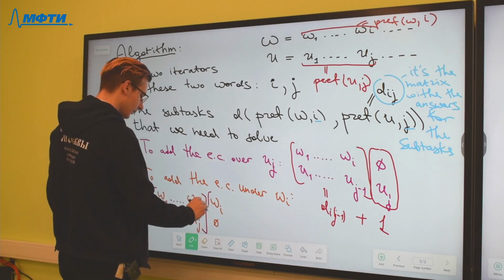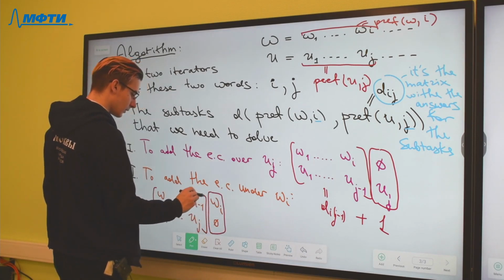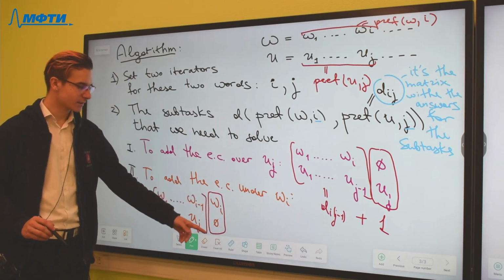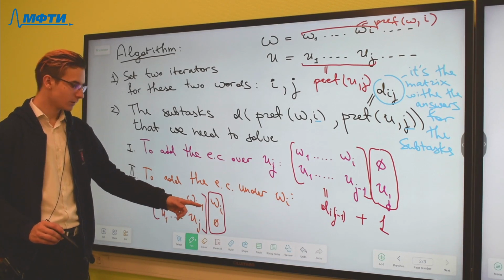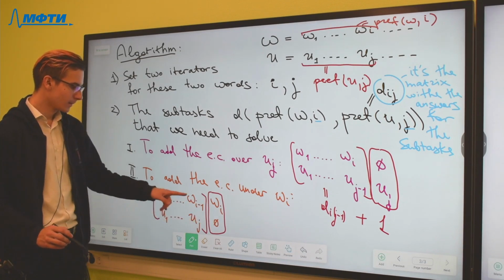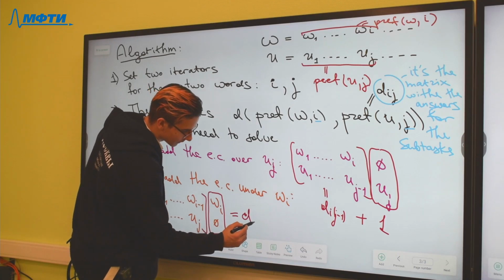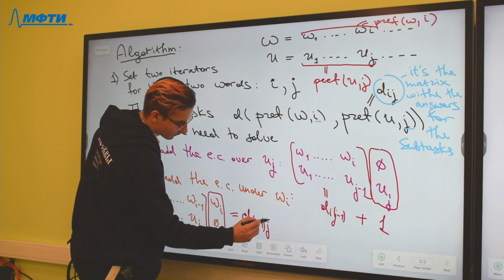And then we say that we add only one place where they're different. So the distance between these two words is equal to D with index E minus 1 plus 1.